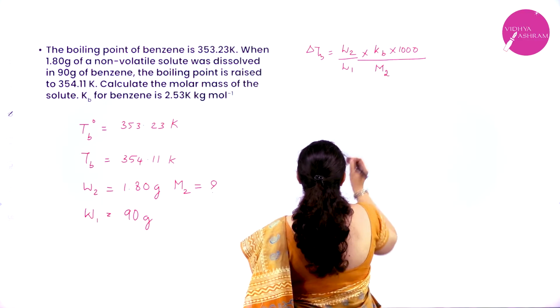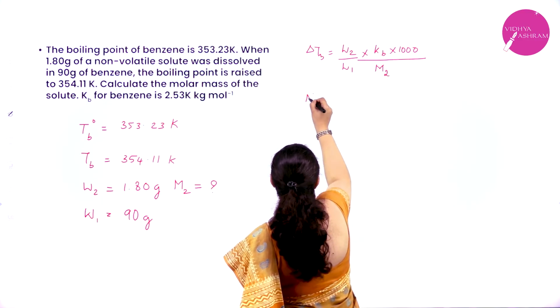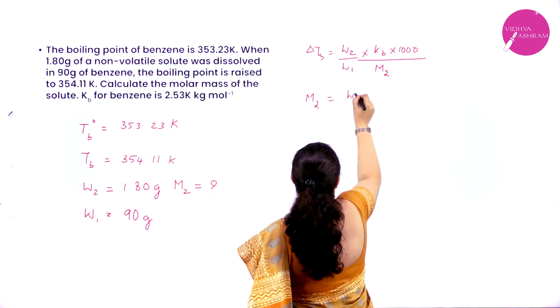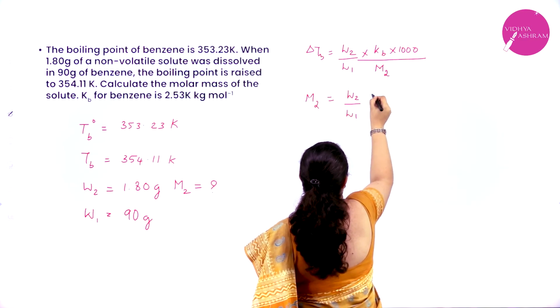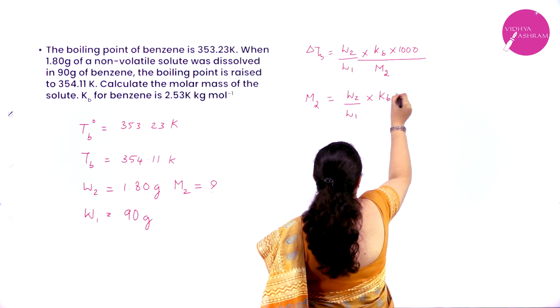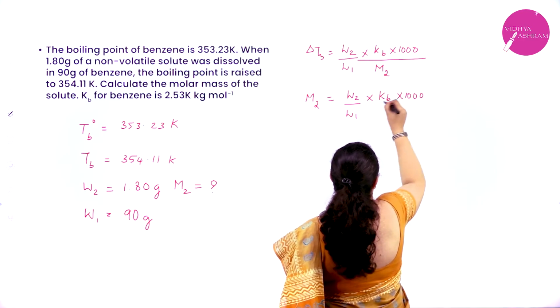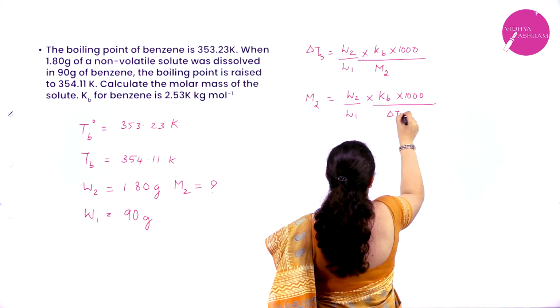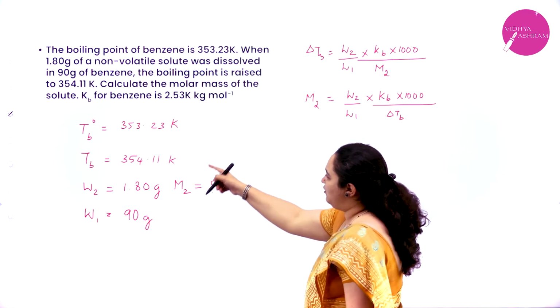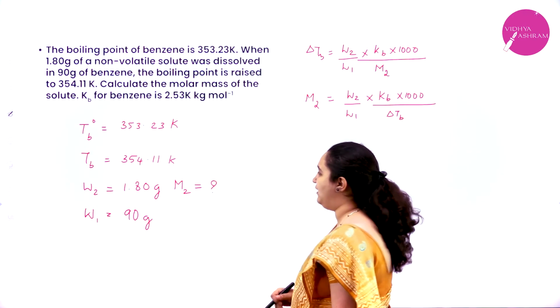Now rearrange that. I'll get M2 is equal to W2 by W1 into Kb into 1000 divided by delta TB. Now delta TB I don't have directly, I need to find out.